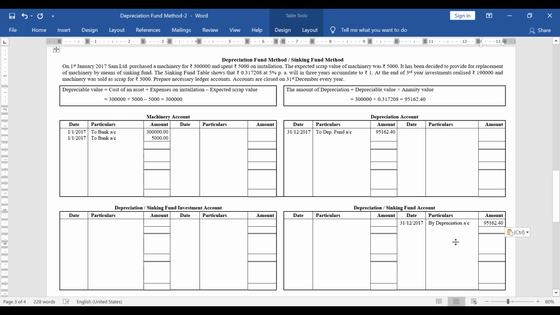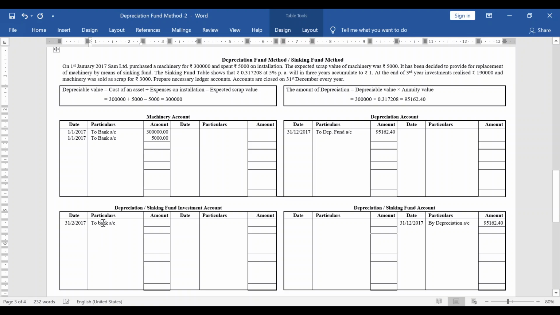The next entry in this case is passed for amount invested in securities, that is under Depreciation Fund Investment Method, the amount which is set aside as depreciation is invested in securities. So the next entry is for investing the amount in securities, and the entry for the same is depreciation fund investment account debit to bank account.